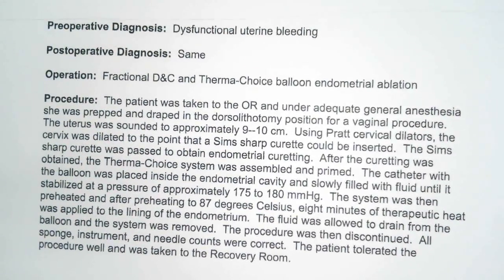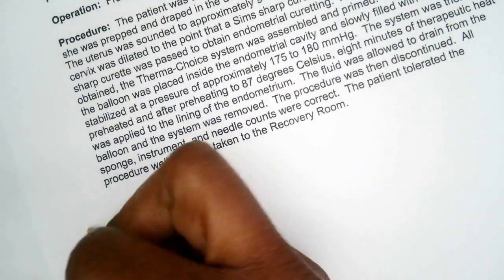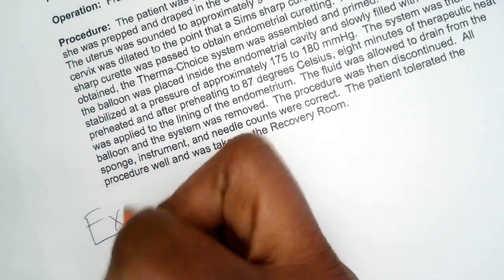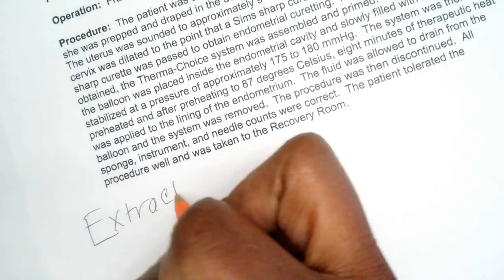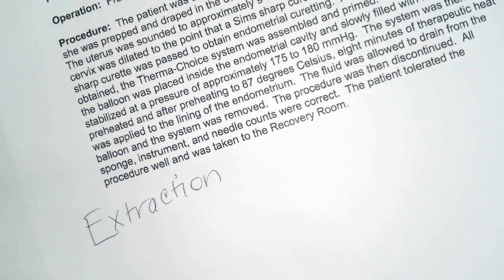All right, so where do we begin? Well, yes, we do have two distinct objectives, so I'm going to write them down for you. First, we talked about the extraction. That was the D&C.